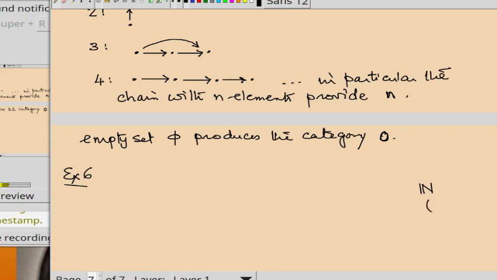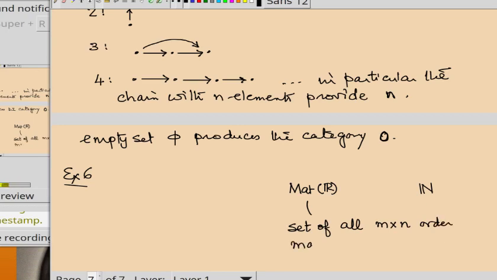So objects are natural numbers. Morphisms are the set of all matrices of order m cross n with real entries.